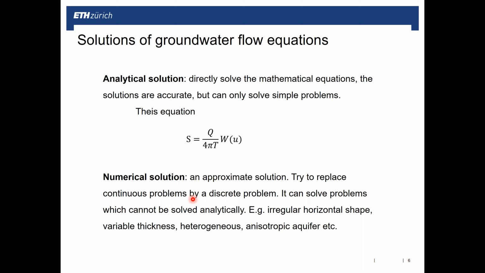And these analytical solutions can only solve simple problems. When the real applications become more complicated, like an irregular horizontal shape, changing thickness of the aquifer, or non-homogeneity of the aquifer, we need to use the numerical solution.